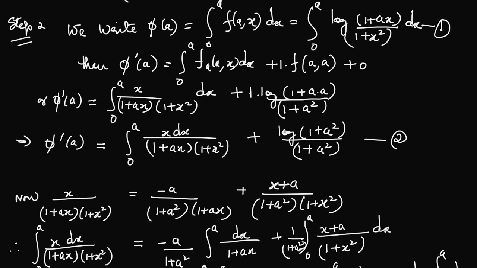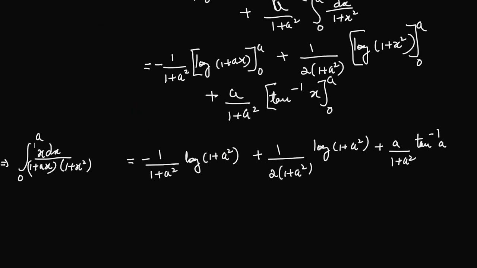Now you substitute in this equation 2, we have phi prime of a is equal to integral of this. We have evaluated the value of this one. So now let us substitute the value of this integral in equation 2.